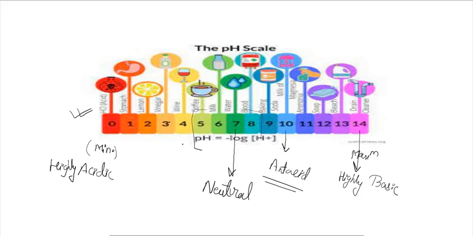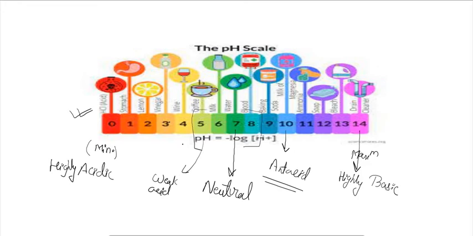So we can see that the green color here comes till 5 and here till 8. The substances between 7 and 5 are termed as weak acids. The substances which lie on the scale between 7 and 5 are termed as weak acids.